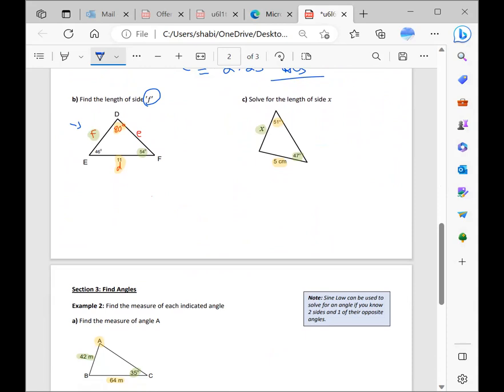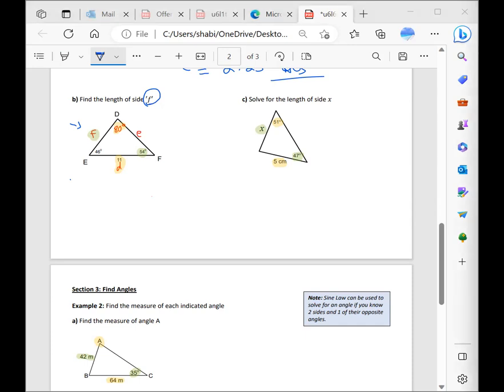Now I have to choose two things in my formula. Instead of using A, B, and C or X, Y, and Z, I can use E, F, and D. Because I have to find side f, it's very convenient to take my side f and choose another one.